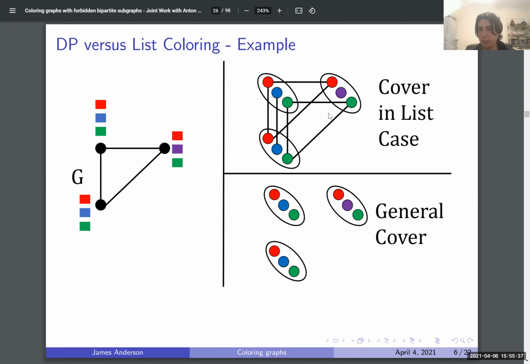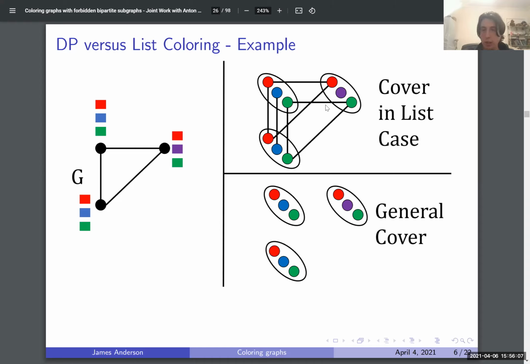And so now a list coloring is simply an independent set where each partition has a vertex in this independent set. So for example, in the first set, we could take red, and then in the second set, we can't take red because it's already conflicting with the red. So we could take blue, and then in the set over here, we could take purple or green.